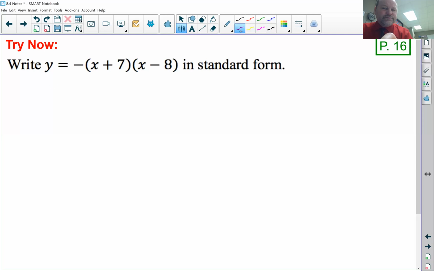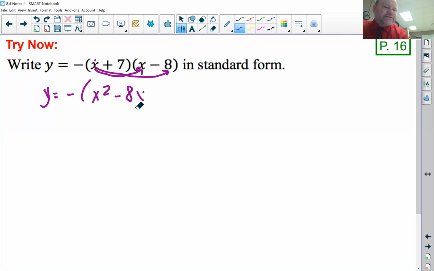All right, I am going to do this one with FOIL again. So x times x is x squared. X times minus 8 is negative 8x. 7 times x is positive 7x. 7 times minus 8 is negative 56.